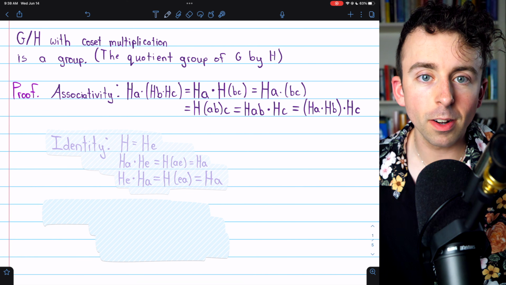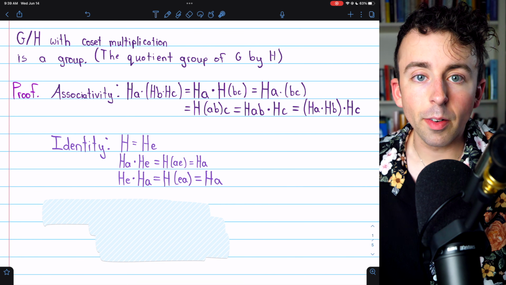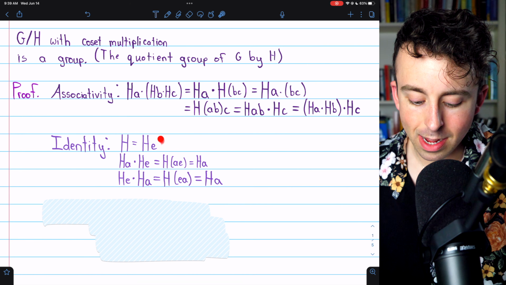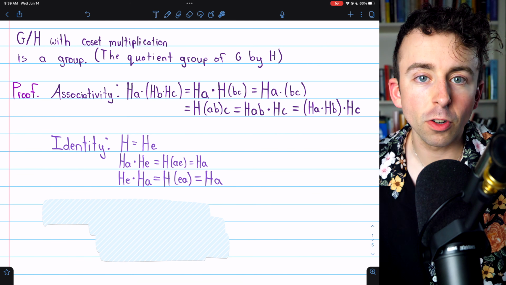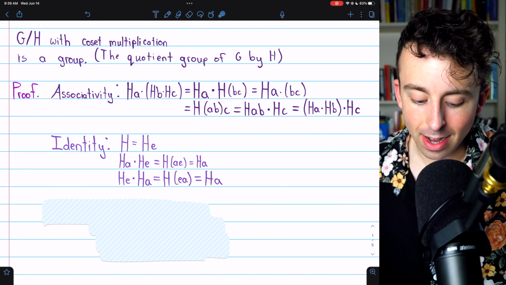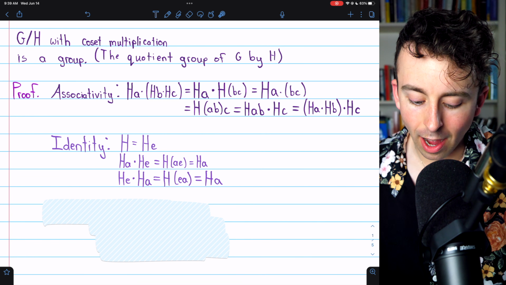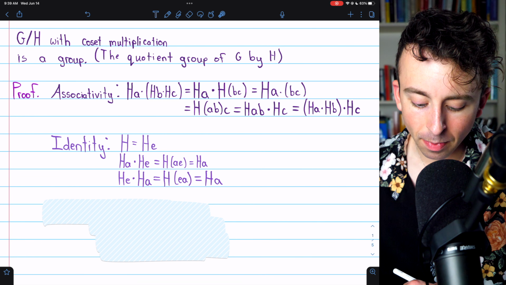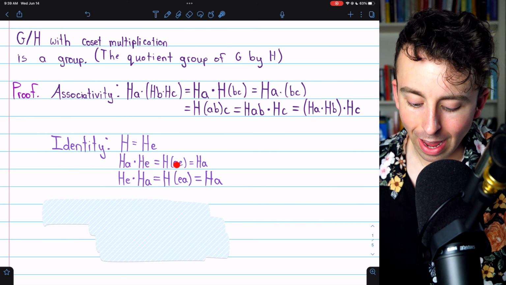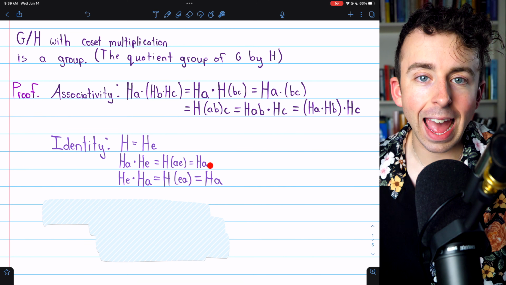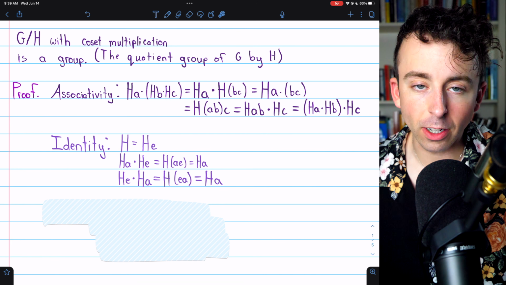In the set of all cosets of H, there is of course an identity element, which is HE. That's just the set H itself. It's the identity element of this set because any coset HA times the coset HE will be equal to HAE. But AE is equal to just A. So that's HA.